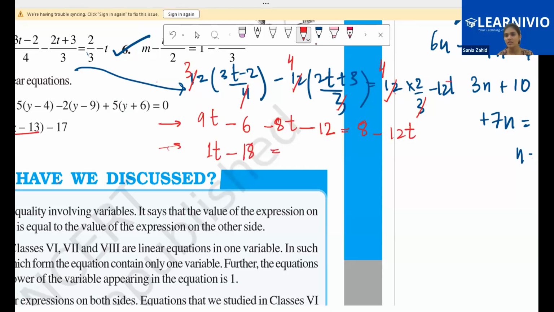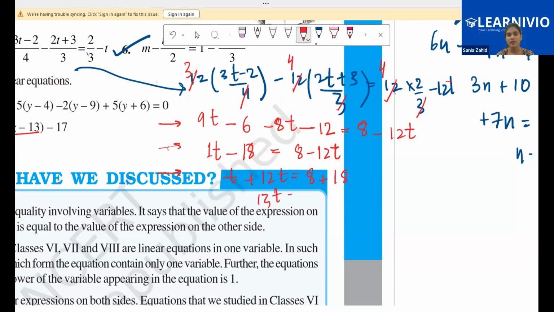Very good. On the right side, 8 minus 12t. Now, Kumar, you tell me. Then, ma'am, we take the 12t separate from the 8. Then we take 1t plus 12t, which is 13t, is equal to 8 plus 18.